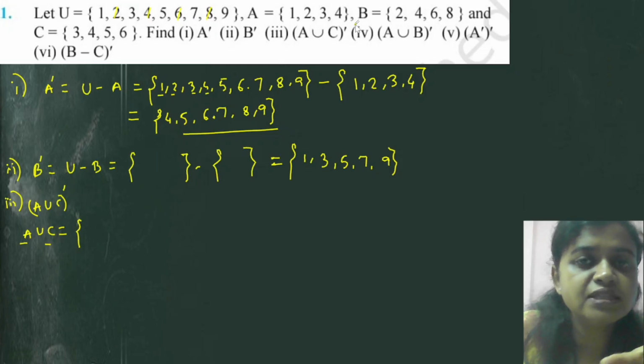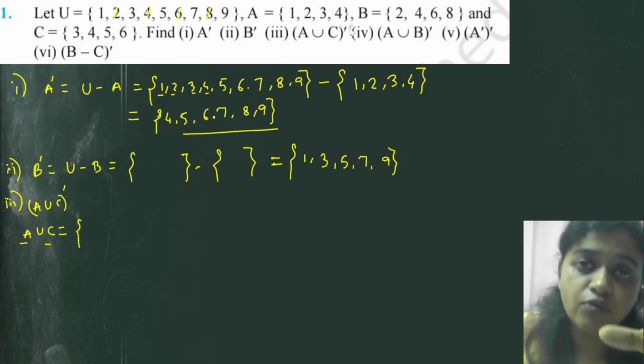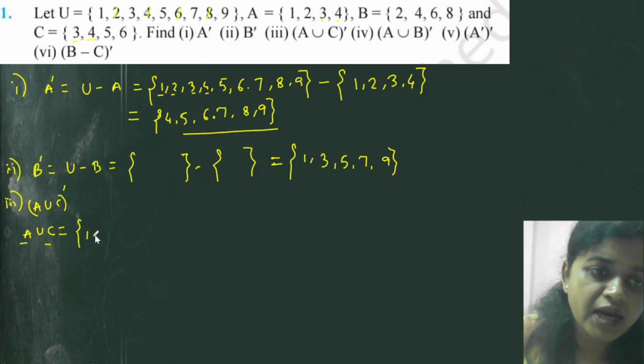If an element belongs to both A and C, we have to take it only one time. So 1, 2, 3, 4, and 3 is in C, and 3 and 4 are common, so we write them only one time. So A union C we can write as 1, 2, 3, 4, and in C it is 5, 6.